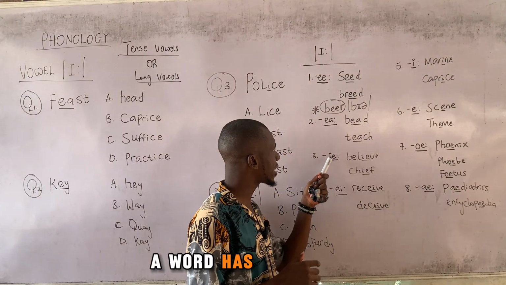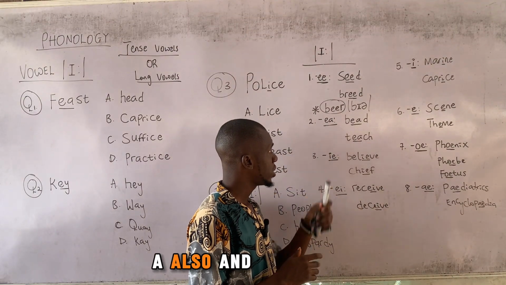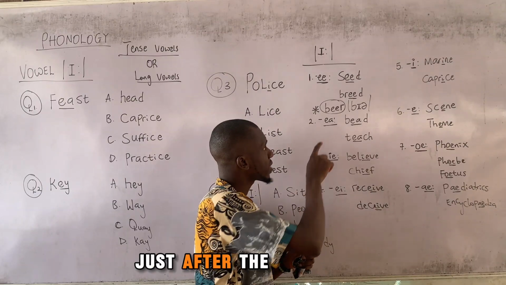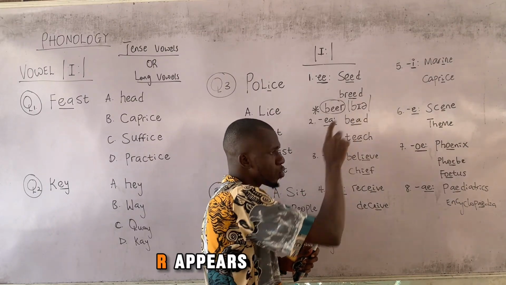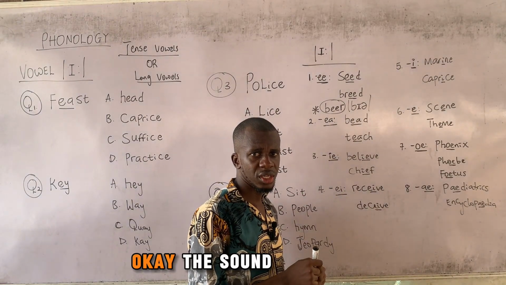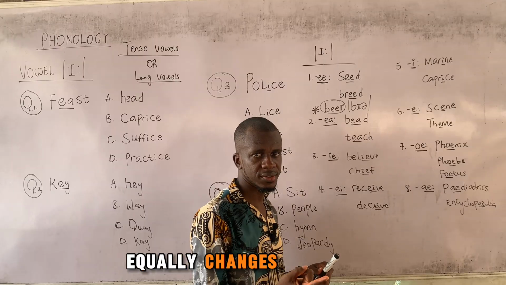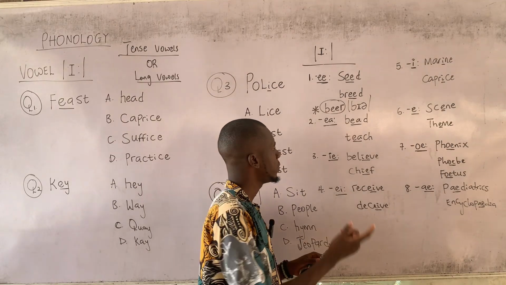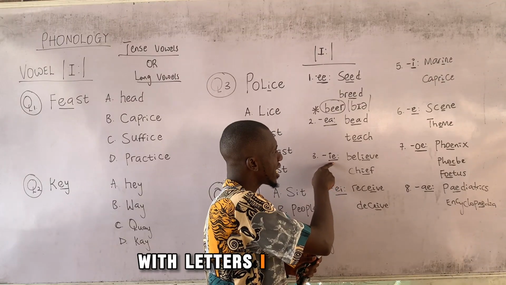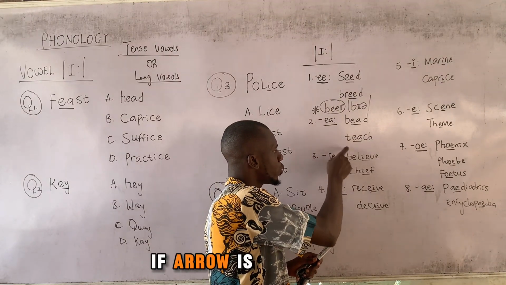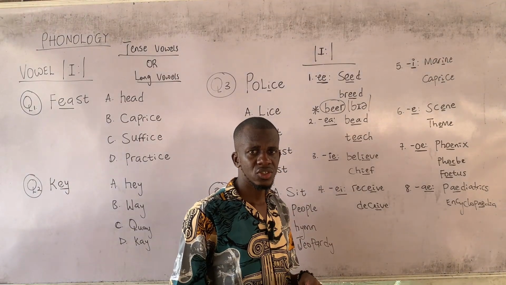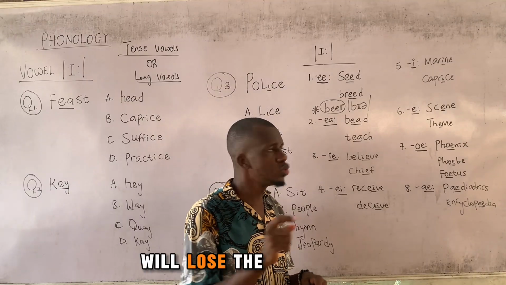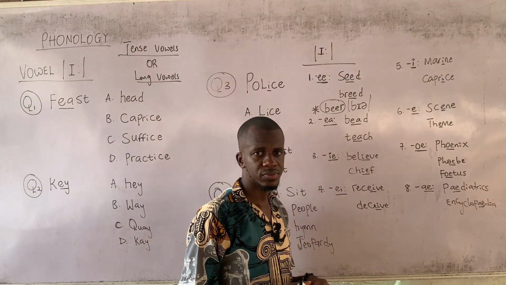Now, if a word has the letters EA also, and just after the EA, the letter R appears, the sound equally changes. Please take note of that. Now, in words with the letters IE, if R is added at the end, such a word will lose the long E sound.